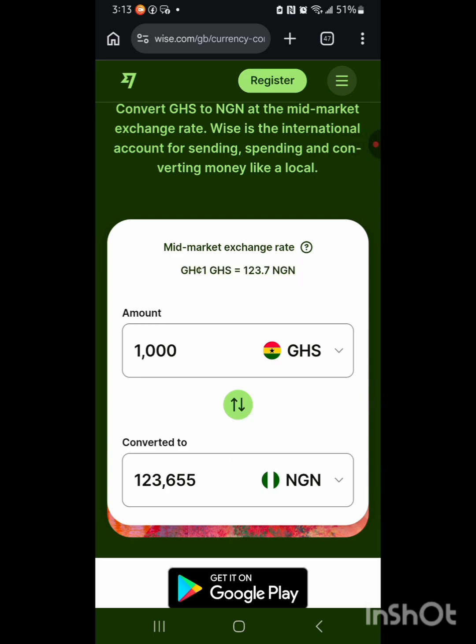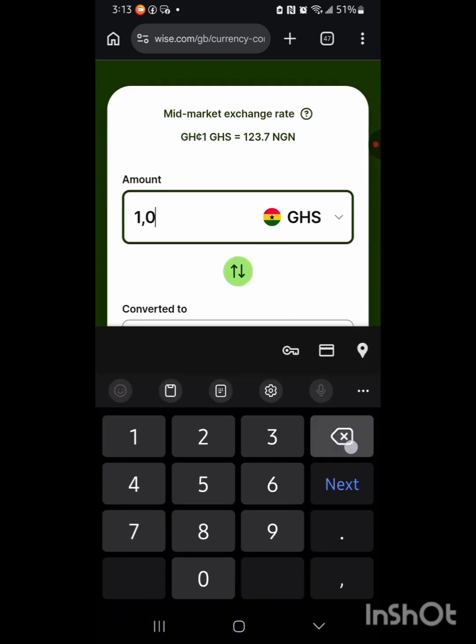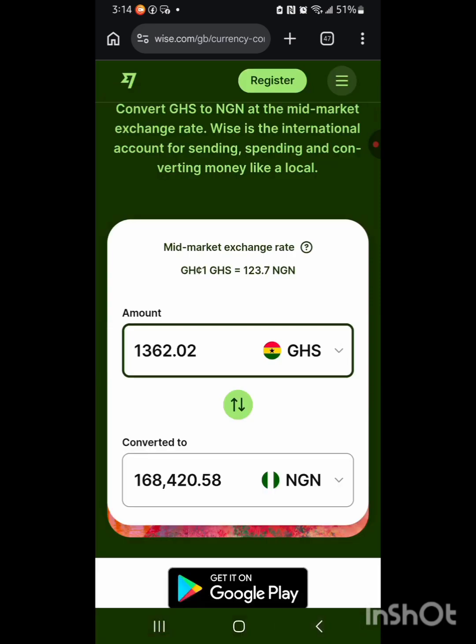So in this case, if you're exchanging your initial Ghana cedis using that rate of 1362.02, that should give you about 168,000 naira.